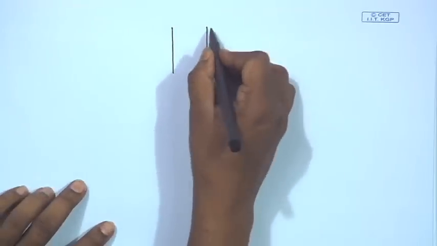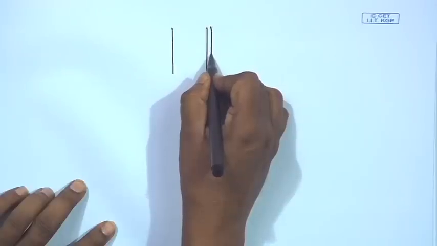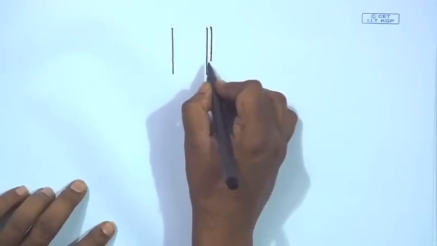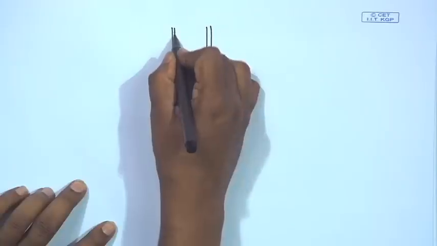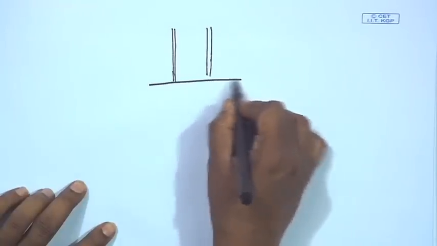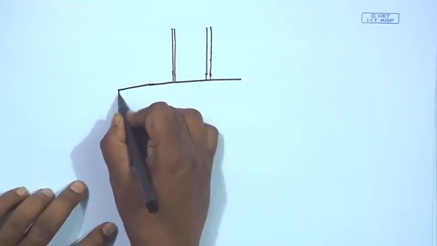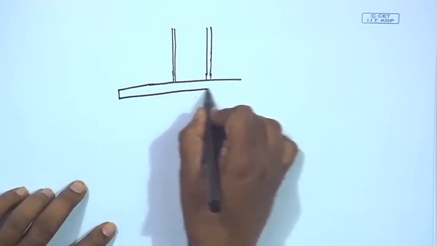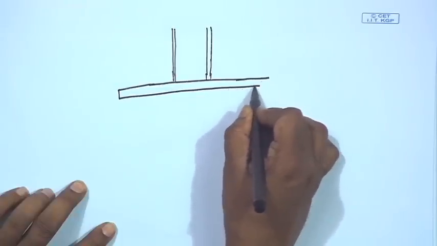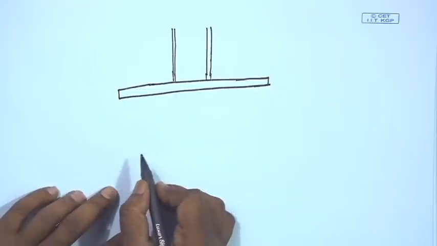And as I told, the load is transferred to the base plate partly through bearing and partly through the gusset plate. So, if this is the column resting on the base plate, now in the case of slab base, what we did, we rested the column directly on the base plate.